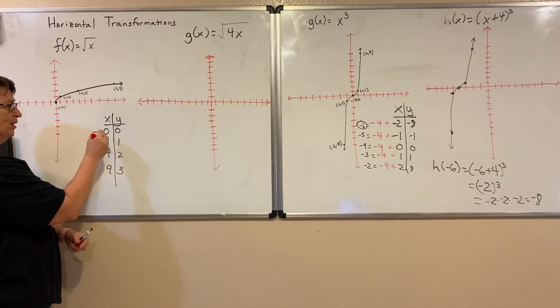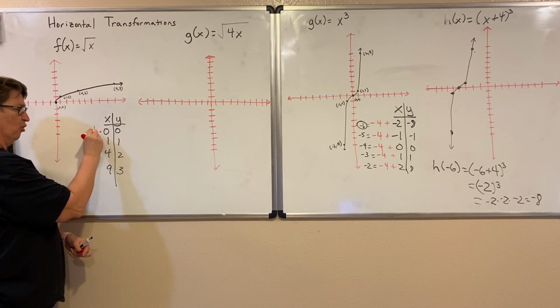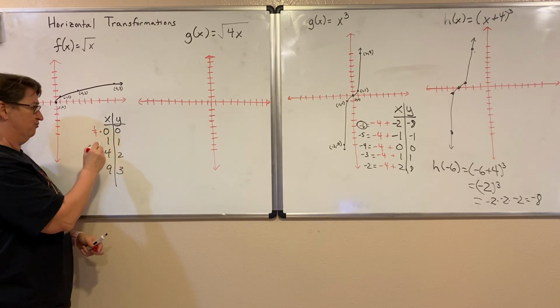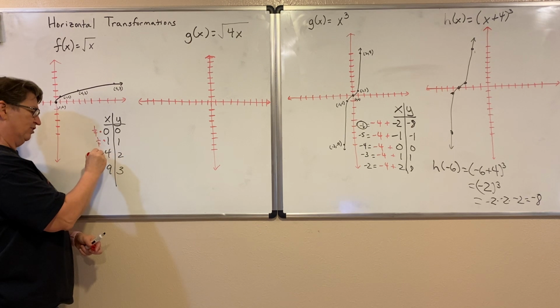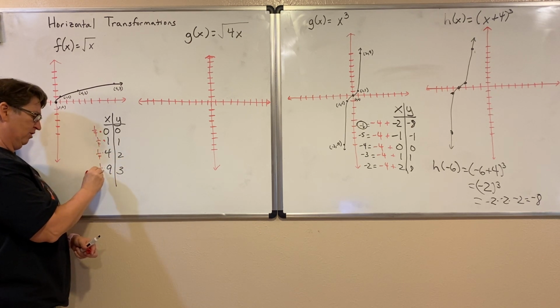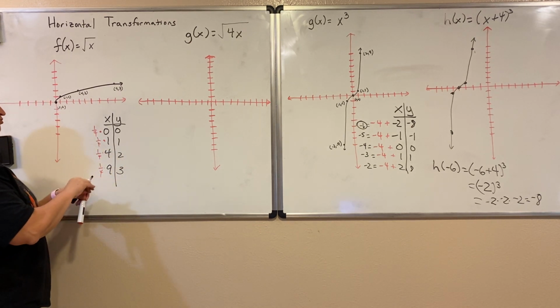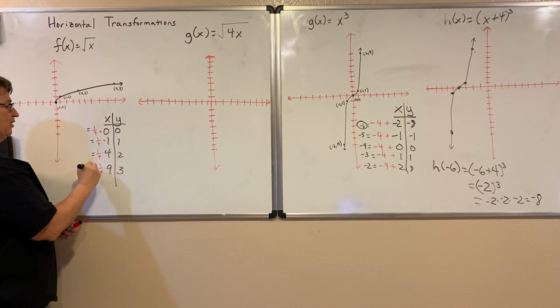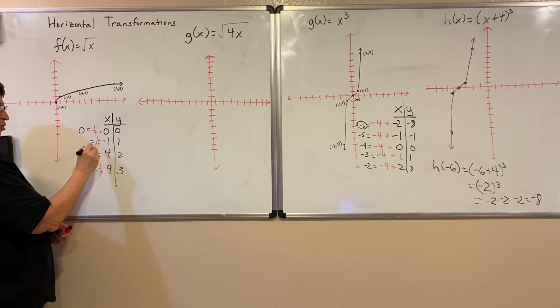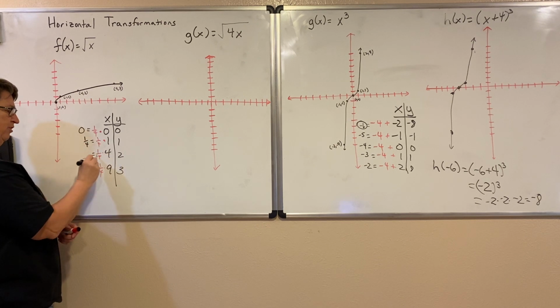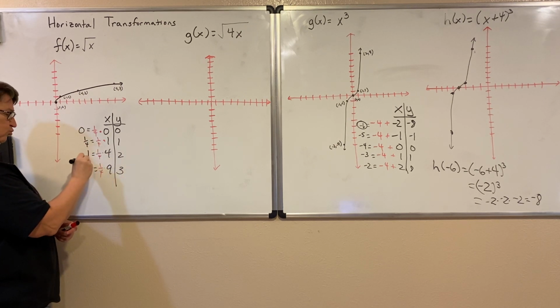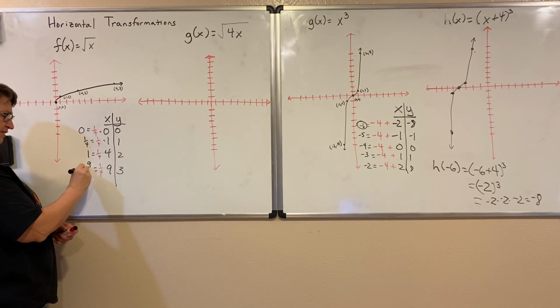Or you could say we're multiplying by 1/4. That's the same thing as dividing by 4. So I'm going to take each one of those and divide my x values by 4, so that I have 0 times 1/4 is 0, 1/4 times 1 is 1/4, 1/4 times 4 is 1, 1/4 times 9 is 9/4.